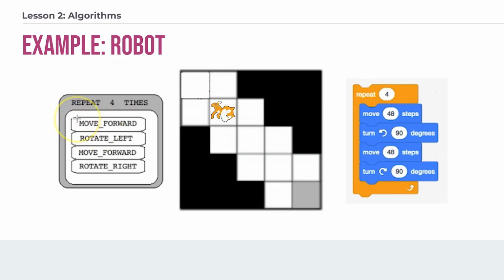And that is exactly what we saw in the pseudocode. Forward, left, forward, right. And of course, it is assumed in the pseudocode that the rotation is 90 degrees. We had to actually supply that parameter in Scratch. But this would actually produce the cat moving to the target square.